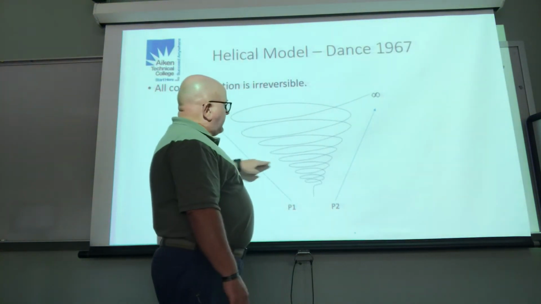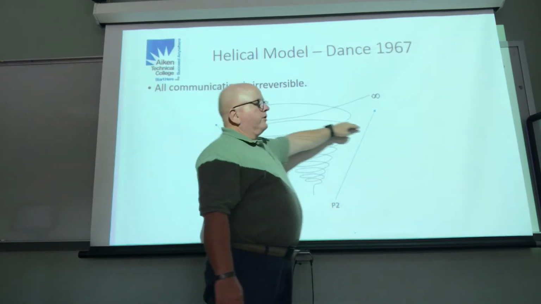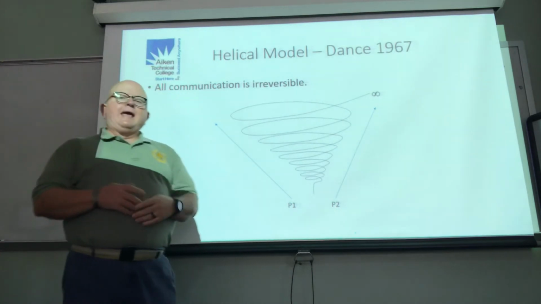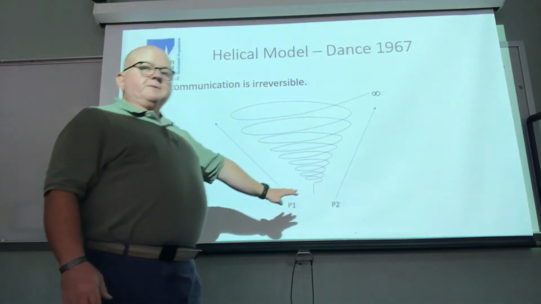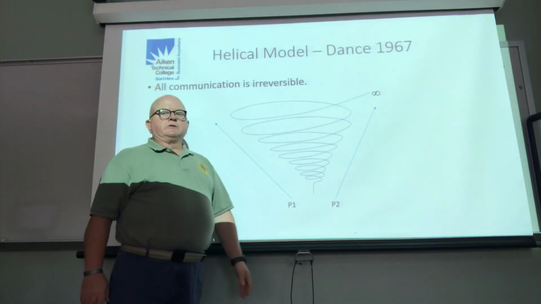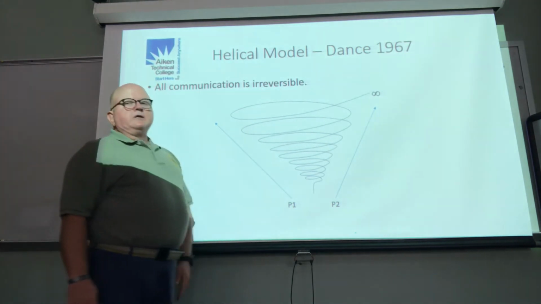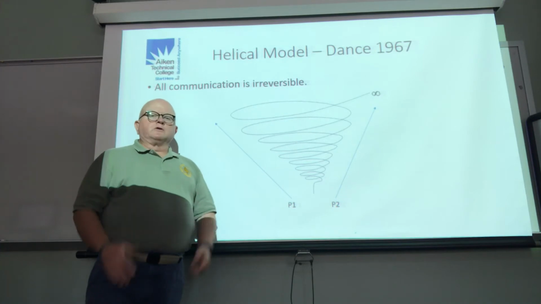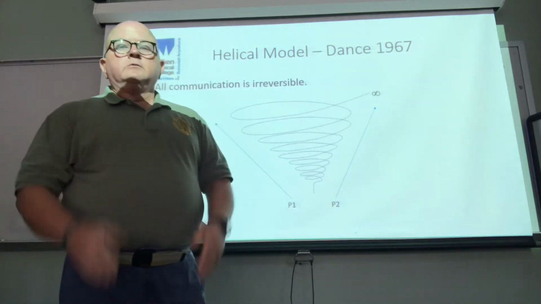And they go back and forth and back and forth and back and forth along this helix as long as they are engaged in a relationship. Okay, now if one of the participants dies, clearly they're no longer communicating and the relationship becomes static. But what this says is that what Dance is including in his model here is the fact that human communication is irreversible. There's a phrase out there that says you can't unring a bell. Okay?